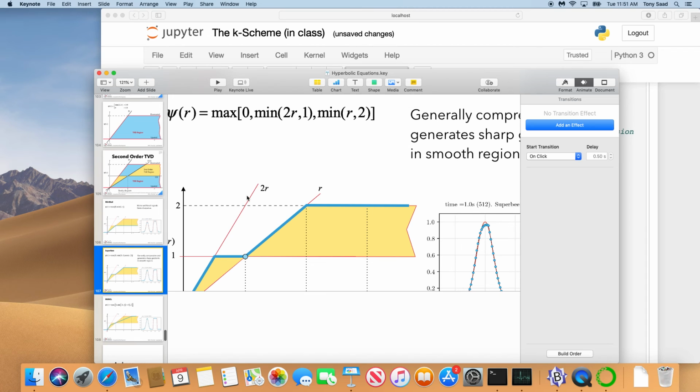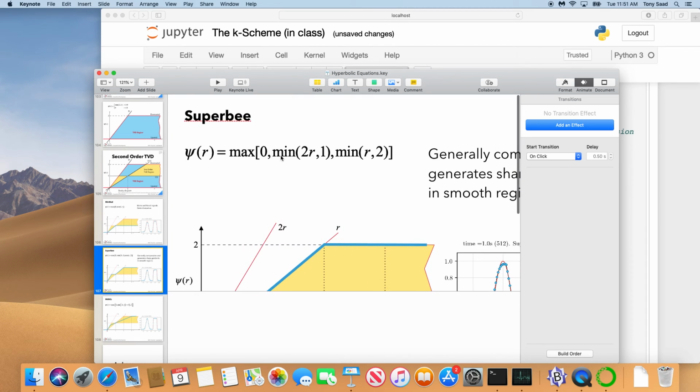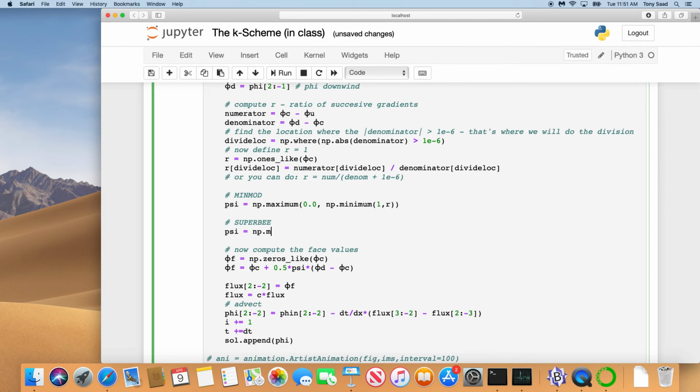Super B is max of 0, min of 2R and 1, and min of R and 2. So np.maximum of 0.0 and np.minimum of 1 and 2 times R, and np.minimum of 2 and R. You can define np.minimum as capital Min to simplify things, but I'm not worried about optimizing your programming now.